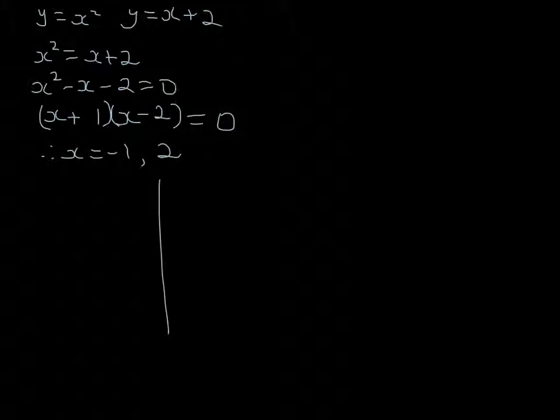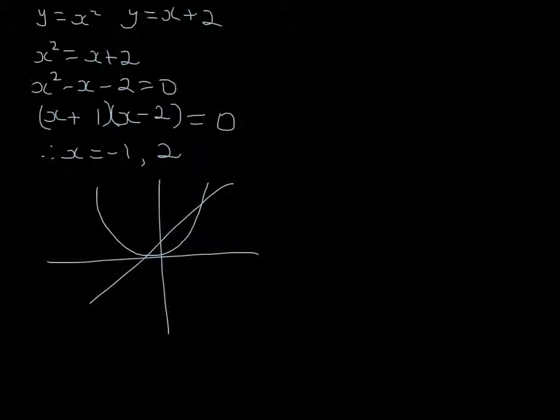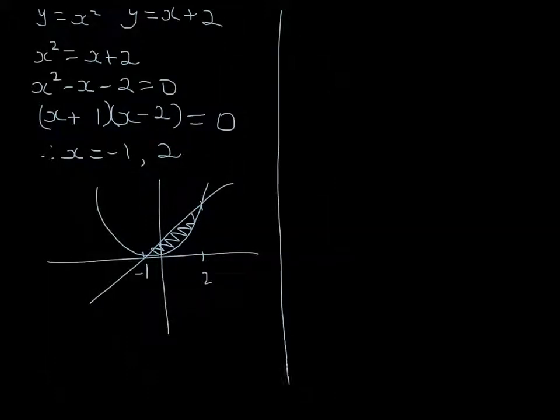So if I quickly draw it again, that's the point minus 1, and that's the point 2. We're finding the area between the two of those, and it's a subtraction. So it's from 2 to minus 1.